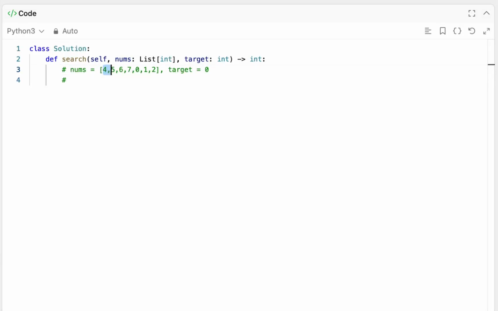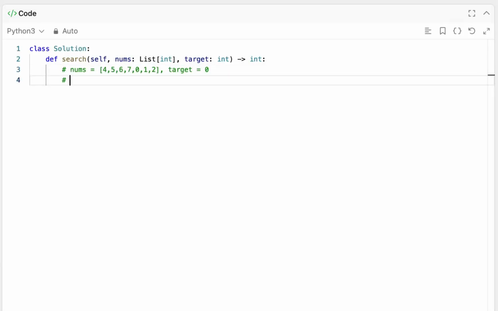So we have 4 here, we have 2 in here, and we want to find if 0 is part of nums or not.